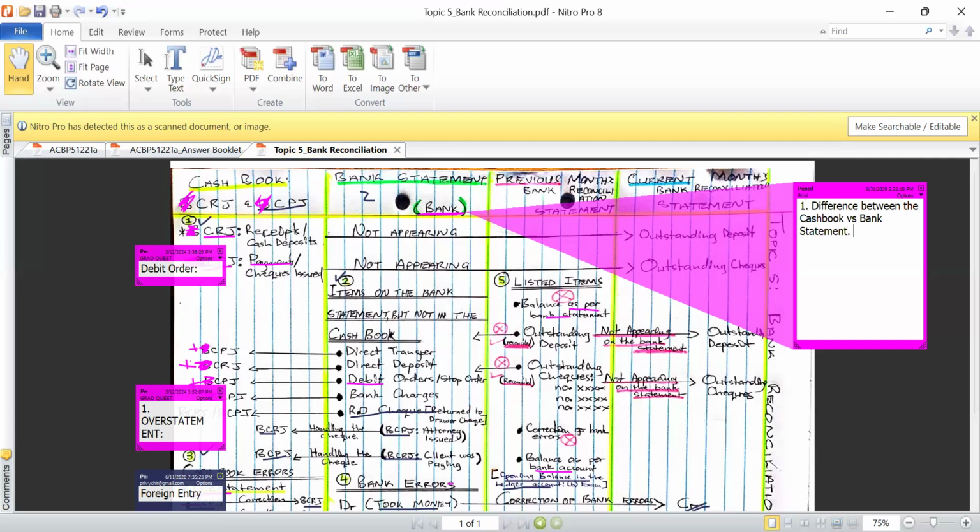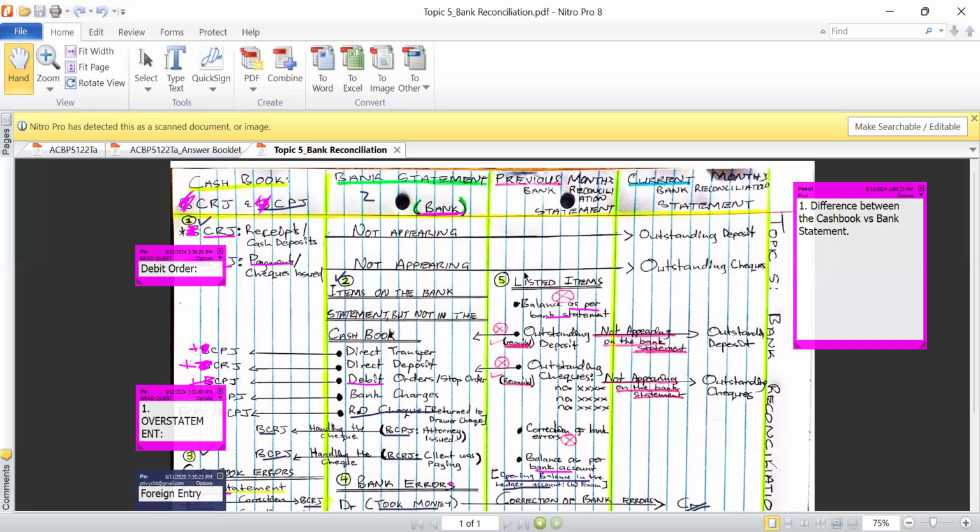So what is it that causes the differences between what we have in our accounting records and the record in the form of a bank statement generated by the bank? What is it that causes those differences?